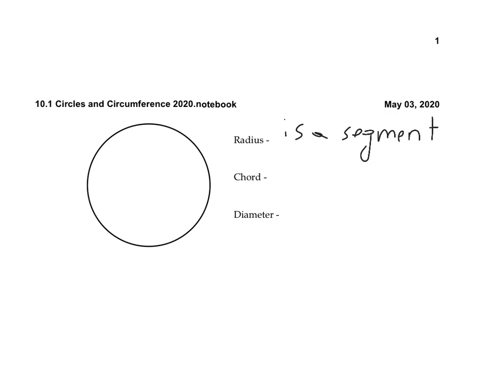with endpoints at the center, and let me just spell this. A radius is a segment with endpoints at the center and on the circle.